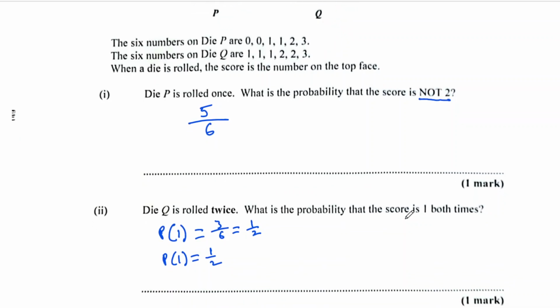So the probability of our 1 both times would be, we multiply the two probabilities. Again, anytime we see an event happening more than once, or they use the word and or then, find the probability of each of them individually, and then multiply them. So we will get a quarter.